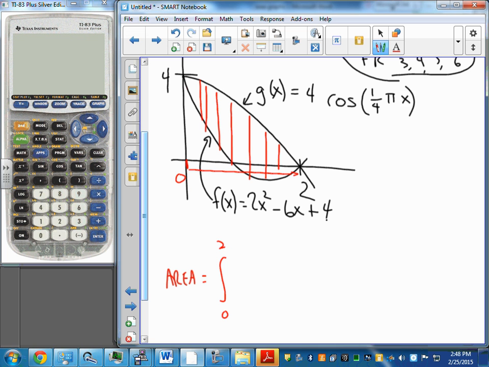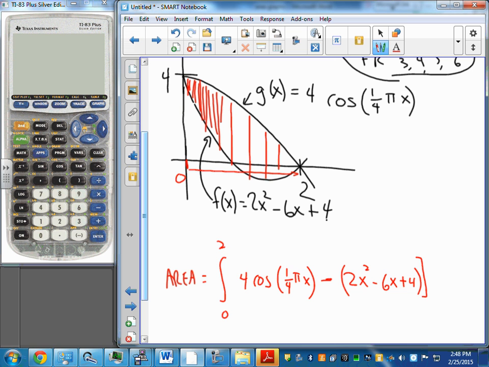So we're running these vertical bars starting here, right? And the top is going to be 4 cosine of 1/4 pi x, and the bottom now is going to be this parabola, 2x squared minus 6x plus 4.